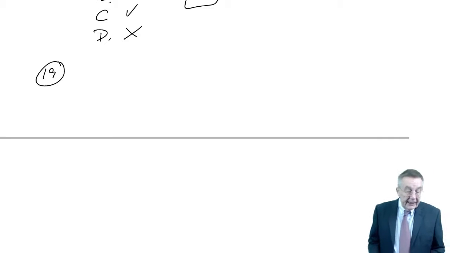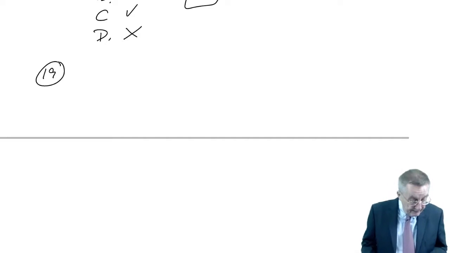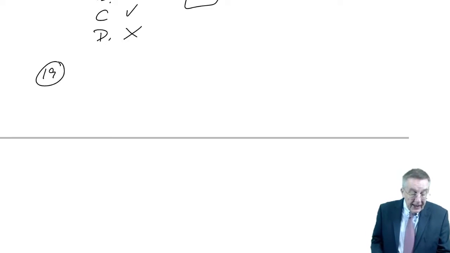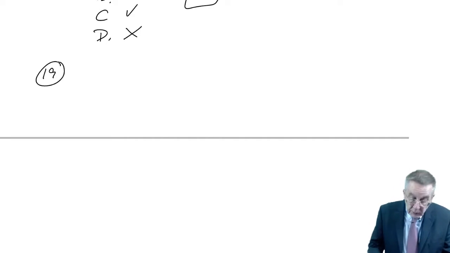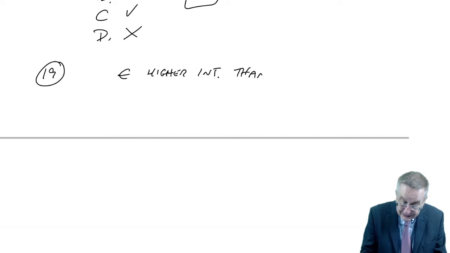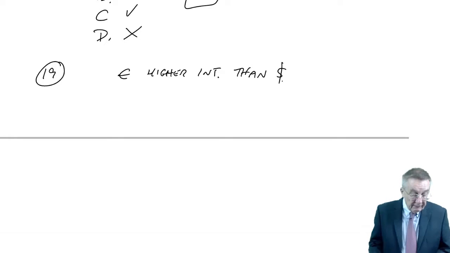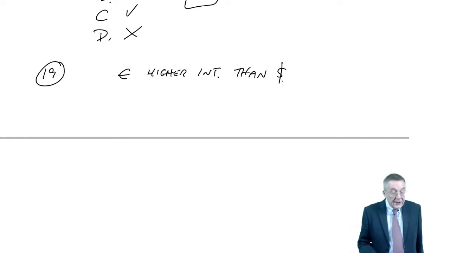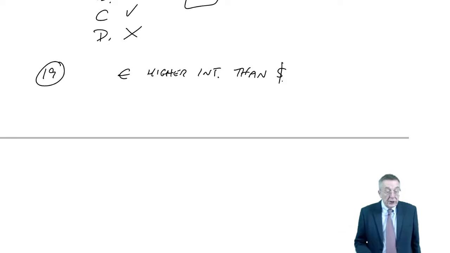In question 16, which country has the higher interest rate? The higher interest rate, 5%, was the foreign rate, was the euro rate. So the euro had higher interest than the dollar. And what's happening to the exchange rate?